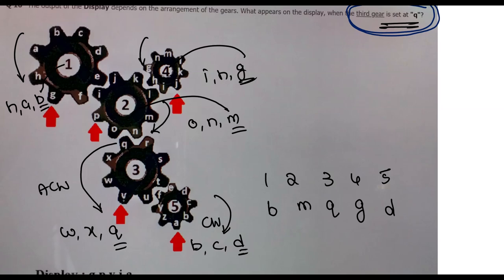This way is nearby to this display place. Display should be Q. Right now V is there. For Q to come, I should rotate this 3 times. Which one to rotate is what they mention to set. If the second gear is set at something, then I have to rotate the second one first. Whatever is attached to that is opposite to the current one. If the current one is moving clockwise, attached things will be anti-clockwise. That's simple logic.